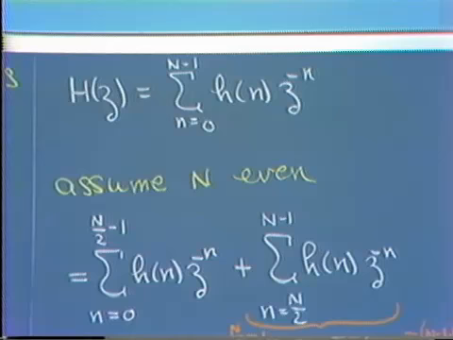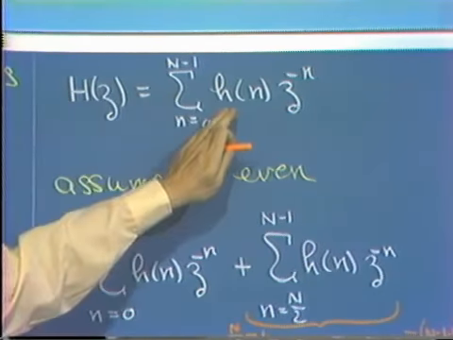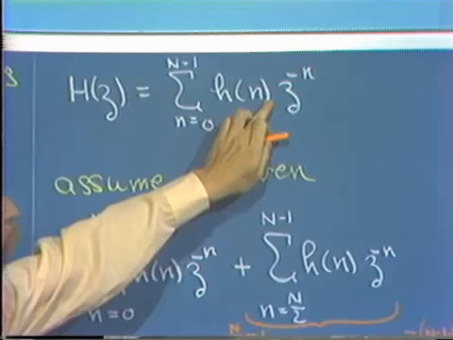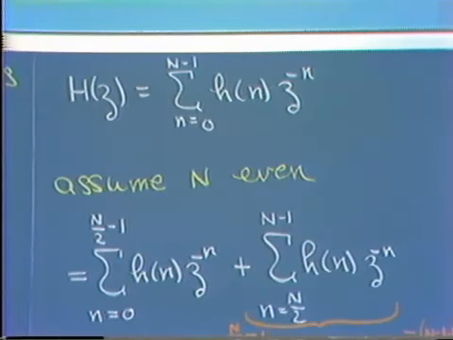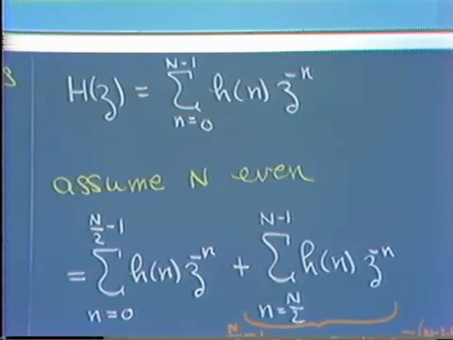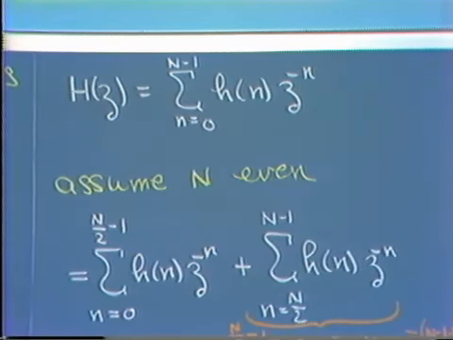And essentially the idea in exploiting this symmetry for the implementation of FIR systems is to take advantage of the fact that because roughly half of the values in h of n are identical, we should be able to implement the system with essentially only half the number of multiplies that would be required in a more general FIR system.